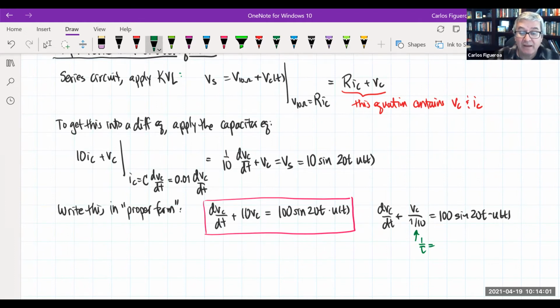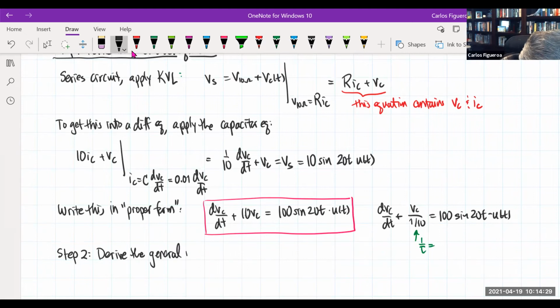Okay, so now that we have that, we could go in and start to deal with this. So I'm going to go to step 2. What I want to do now is derive the general response.